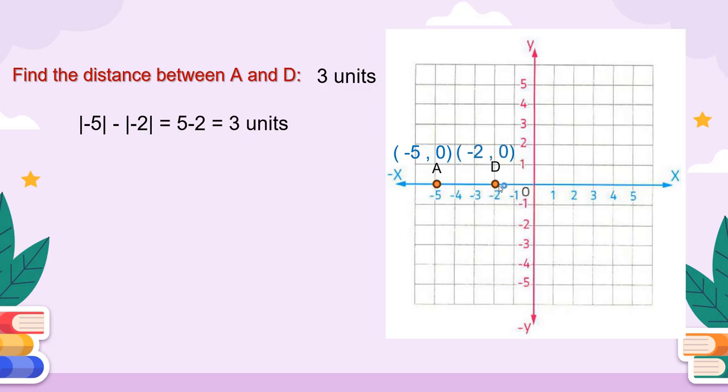So what's common between them? 0 and 0, which is obviously why they are both lying on the x-axis. So we can cancel the common coordinate, which is the y coordinate here, and we'll find out we have different x coordinates. Find the absolute value of each one of them and find the difference between them. It will be what? 3 units.